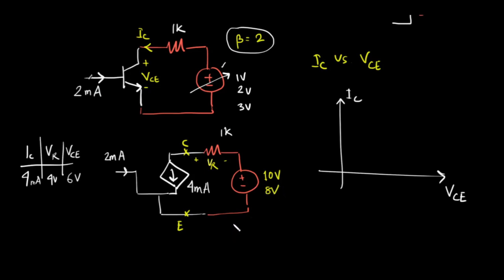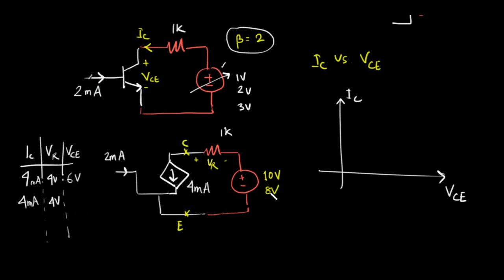Now what will happen? If I decrease the supply voltage to 8 volt, the current is still 4 milliampere, so the voltage VR is still 4 volt, but VCE will decrease because the supply voltage has decreased.